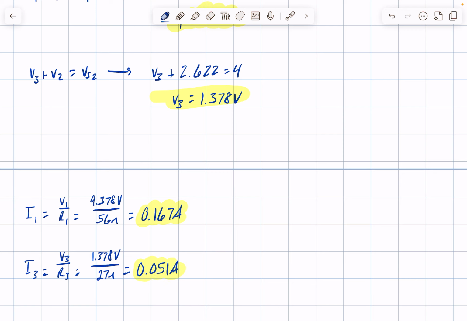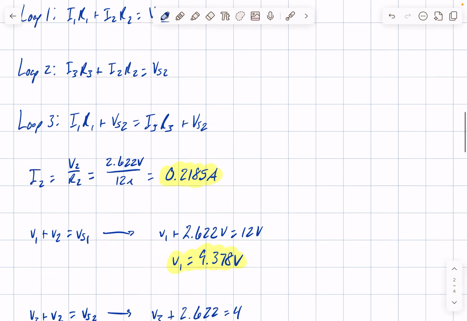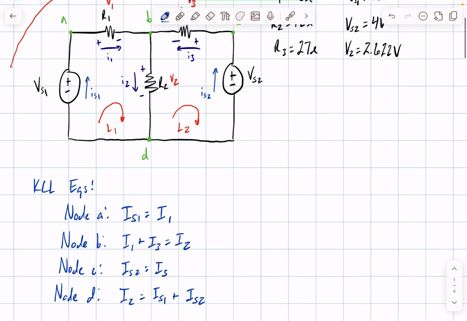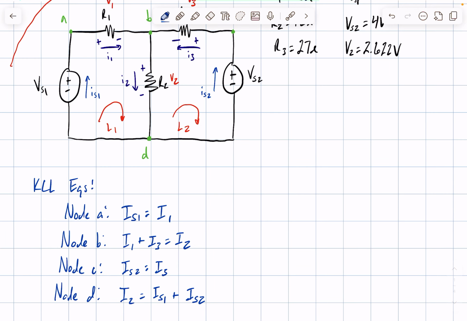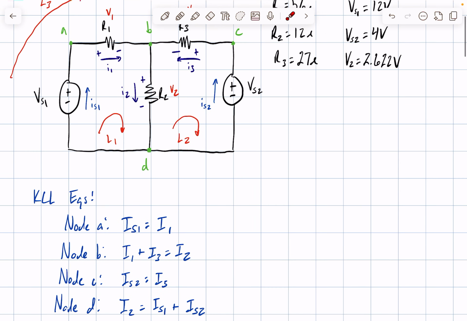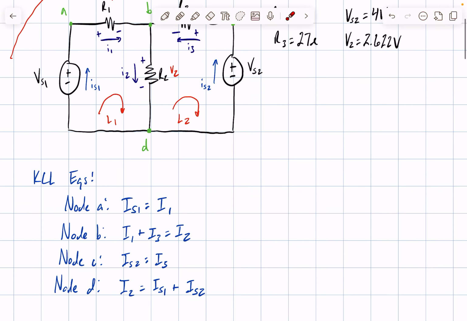And final thing, we can also find the currents across the voltage sources through our KCL equations also, because we can see here that it's pretty simple actually. So our current across voltage source 1 is actually just equal to the current across resistor 1. And also for our current across the second voltage source here, same thing, it's just equal to current 3.